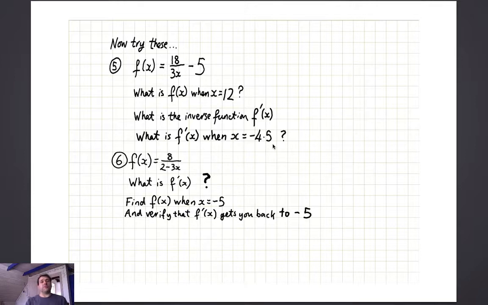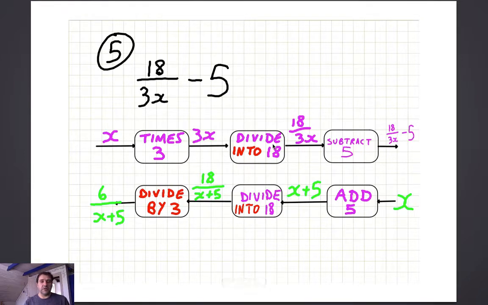So I hope you paused the screen, and here we go. So 18 over 3x minus 5. If I want to break that down into a flowchart, I might start with x, multiply it by 3 to get 3x, and then to get 18 over 3x, I'm going to have to take the 3x and divide it into 18.